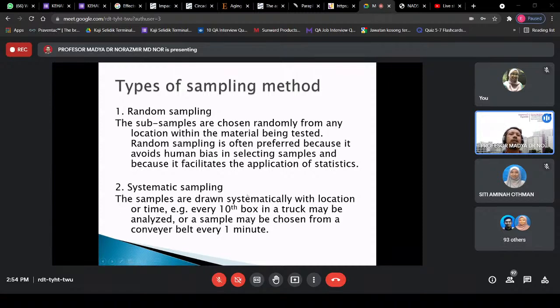The second one is systematic sampling. So the samples are drawn systematically with location or time. For example, every 10th box in a truck may be analyzed, or a sample may be chosen from the conveyor belt every 1 minute. Or the lucky draw, simple. The lucky draw for systematic sampling.